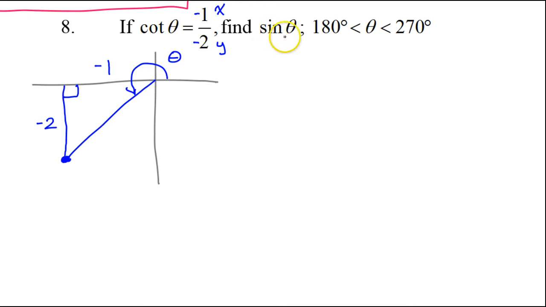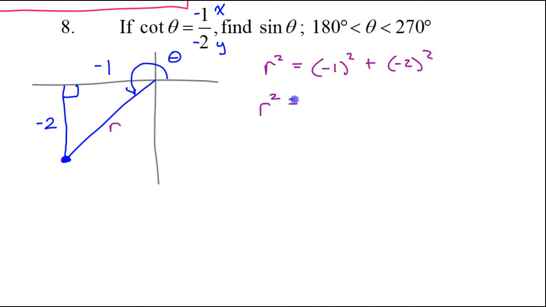We are asked to find the sine function, so we will need the hypotenuse, which is also the radius of the circle here, so I'm going to call it r. So that's going to be r squared is equal to negative 1 squared plus negative 2 squared. Just doing the Pythagorean theorem here.